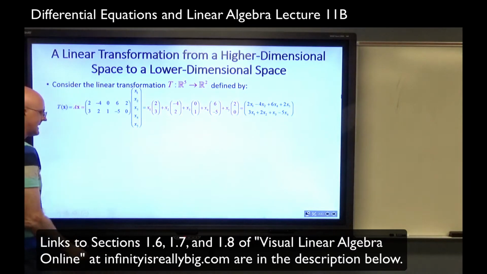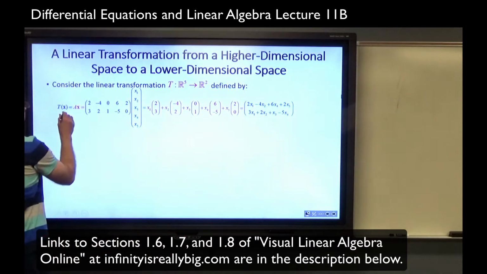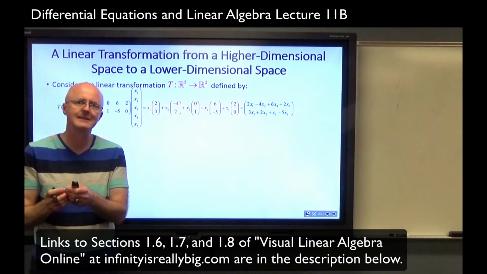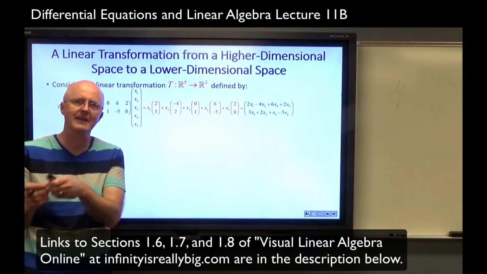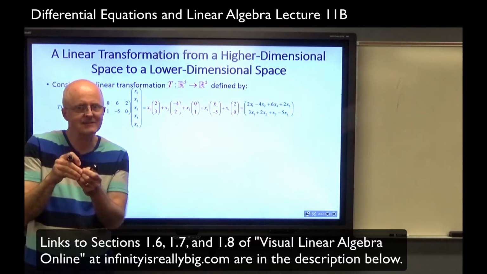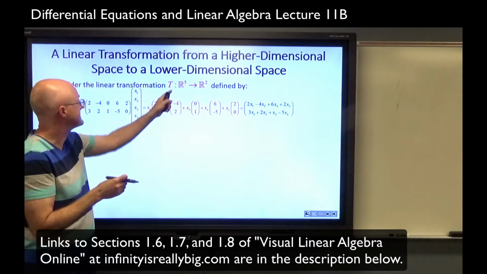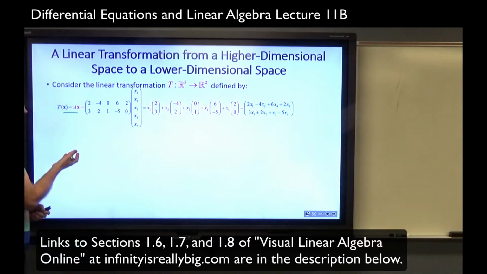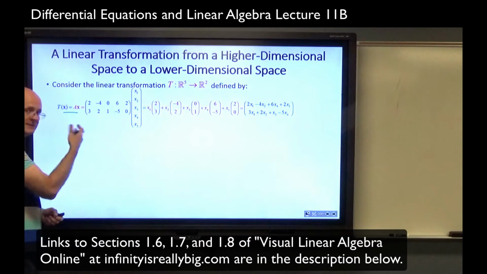Let me re-emphasize those. First of all, you've got this equality saying that T of x, the linear transformation evaluated at the input x, which is a vector, in this case a 5-dimensional vector, is going to have a formula that involves a matrix times the vector x.